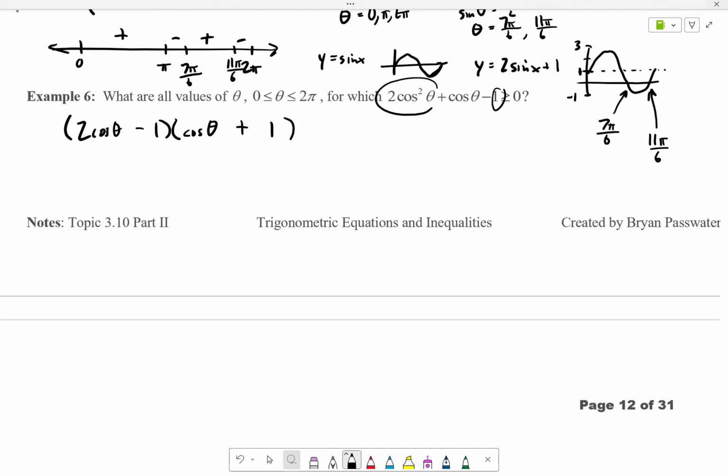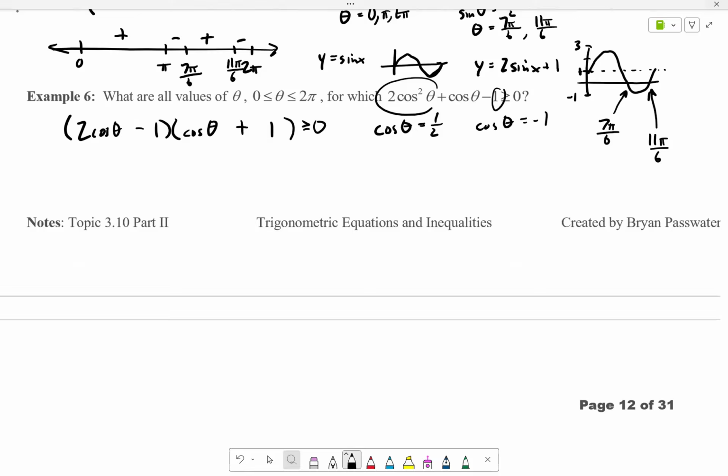This one's minus, and it's still greater than or equal to 0. So from here we have cosine of theta equals 1/2, I'll do this on the side like I did last time, just finding the zeros. And cosine of theta equals -1. Are we okay up to that? Yeah.